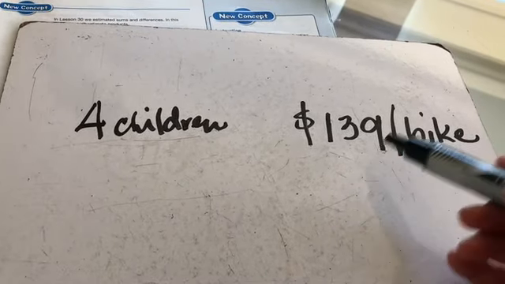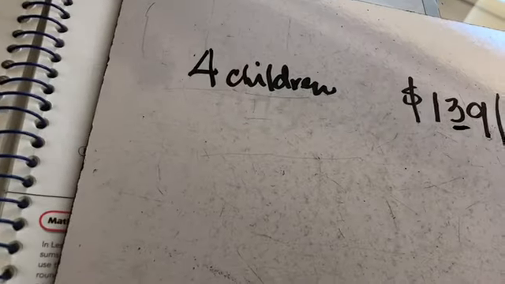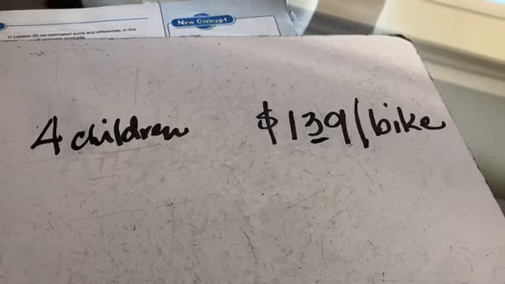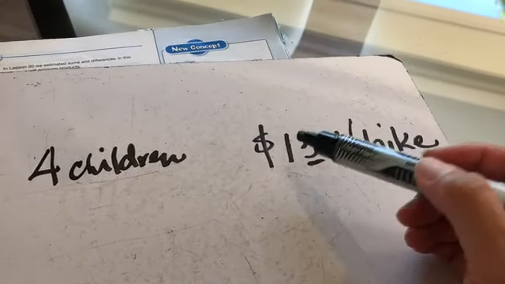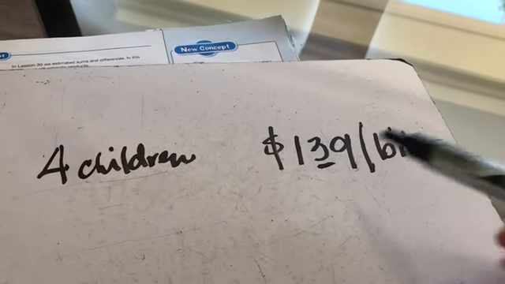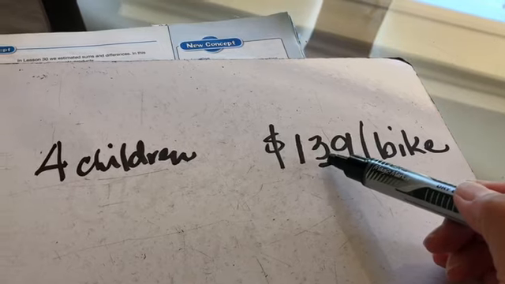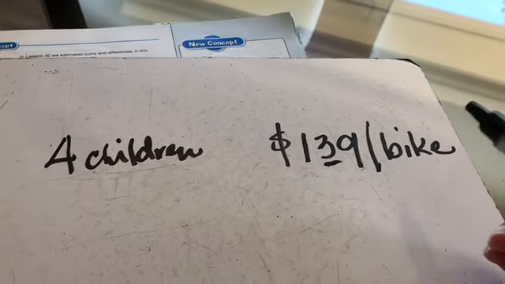So $139, of course, we're looking at this number here. Darce, hang on 1 second. Okay, sorry about that. Again, we're looking at the tens place because we're trying to figure out what we're going to do with the 1. Since this number is less than 5, we know we're going to round it to 100.